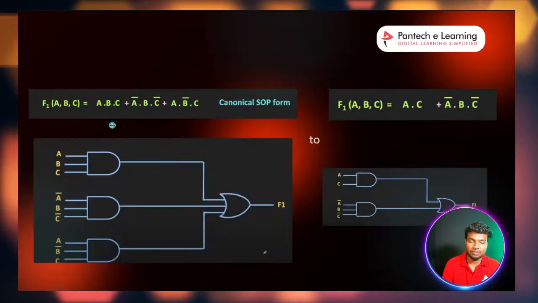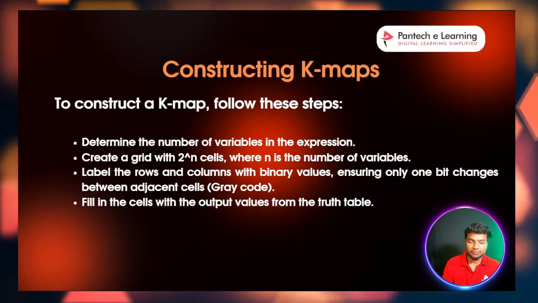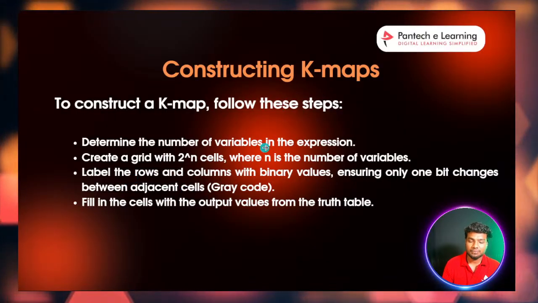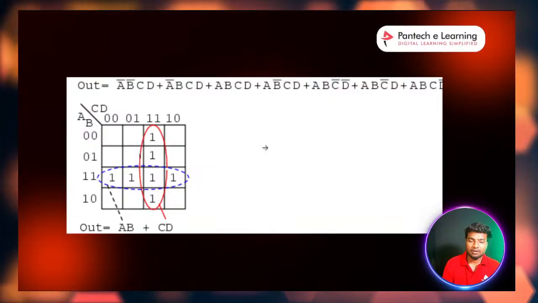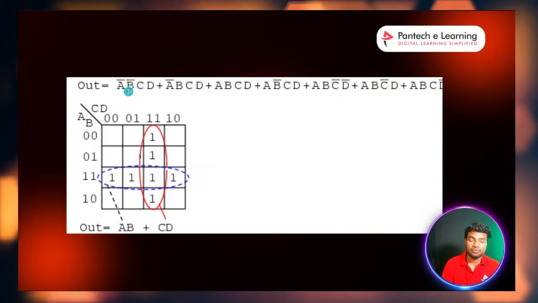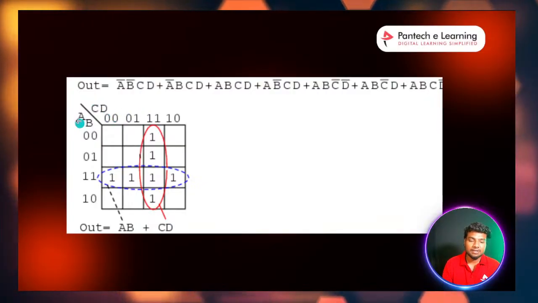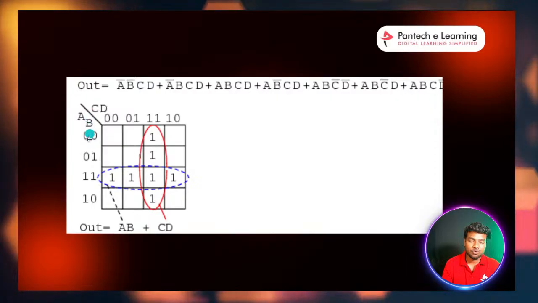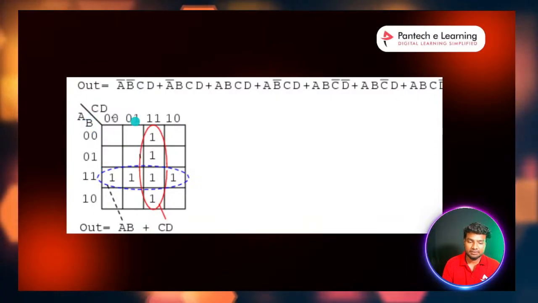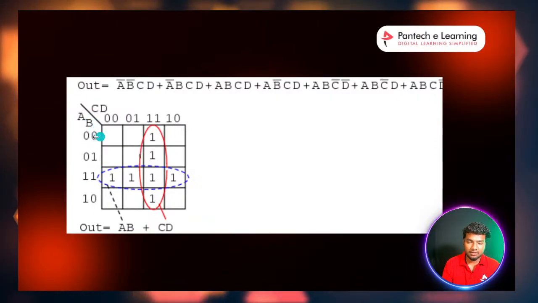So what is the second rule? Label the rows and columns. So I'm labeling rows; I have the four variables. This row I'm labeling as cd, and this row I'm labeling as ab.